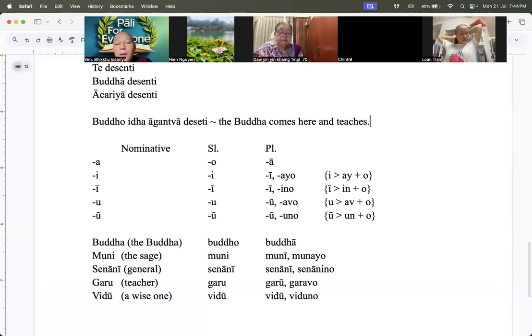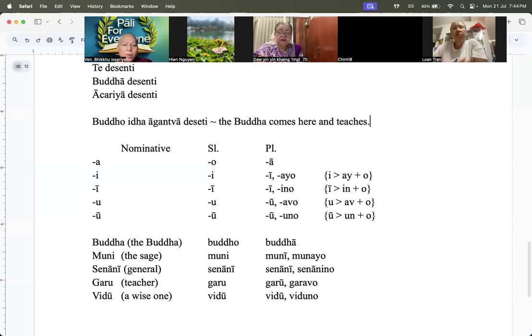Senani idha agantva deseti: a general comes here and teaches. And Guru idha agantva deseti: a teacher comes here and teaches. Viddu idha agantva deseti: a wise one comes here and teaches.